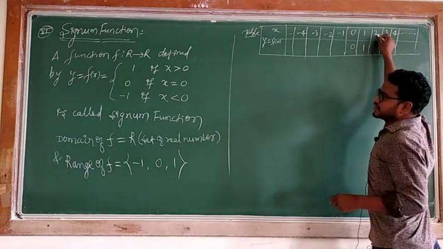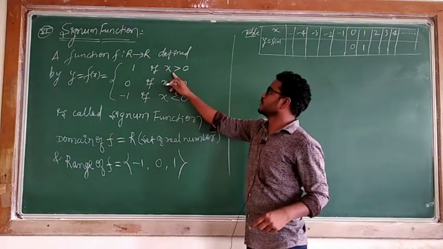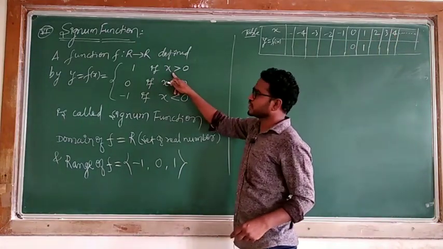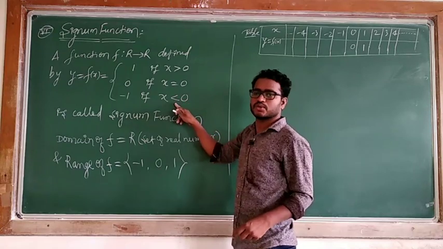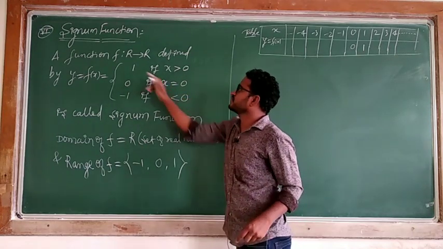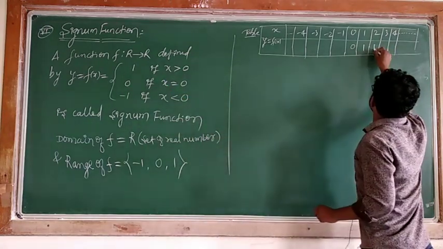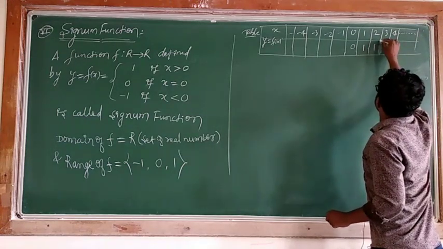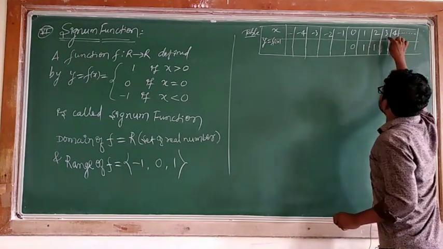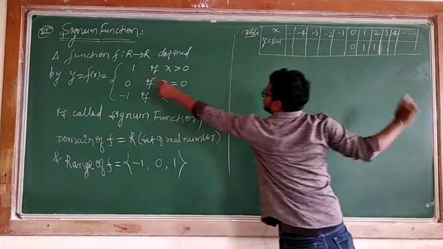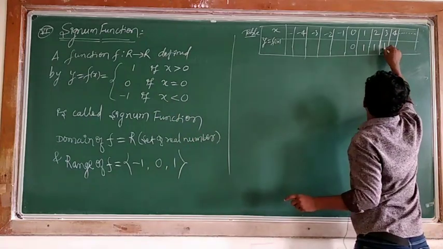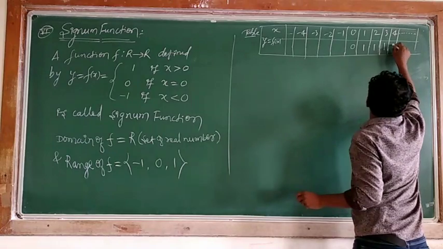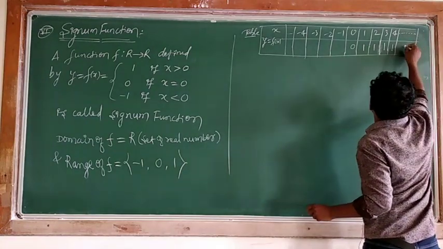When x is 2, 2 is more than 0, not equal to 0, not less than 0. 2 is always more than 0 means y value is 1 only. And then x is 3, more than 0, 1 only. 4, more than 0, 1 only. You can take so many, you will get only 1.